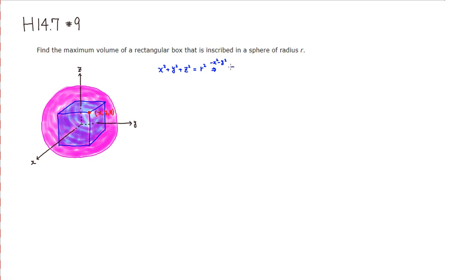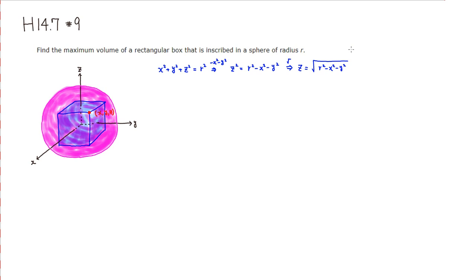We get z squared is equal to r squared minus x squared minus y squared. Then we can take the square root of both sides, so z is equal to the square root of r squared minus x squared minus y squared.